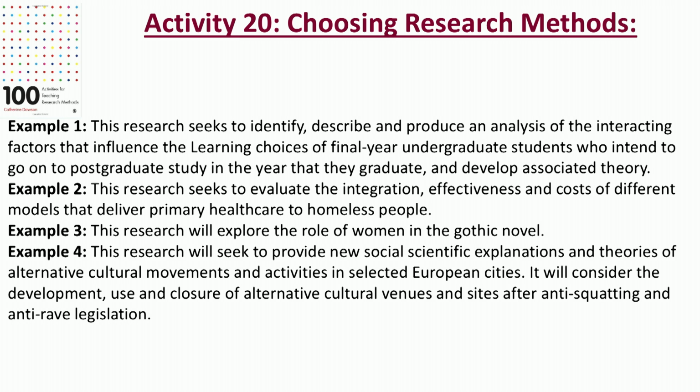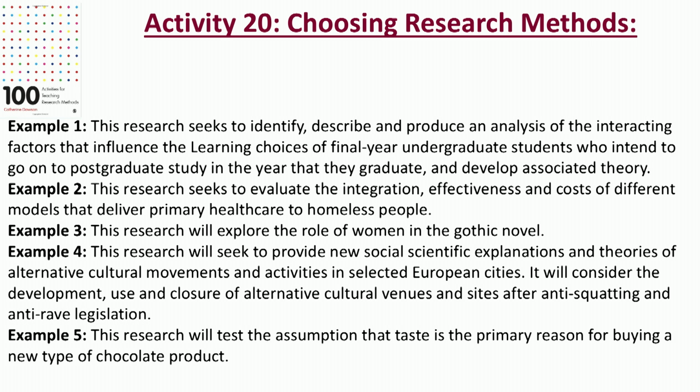It will consider the development, use and closure of alternative cultural venues and sites after anti-squatting and anti-rave legislation. This research will test the assumption that taste is the primary reason for buying a new type of chocolate.